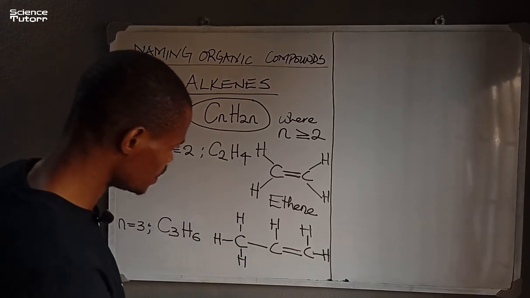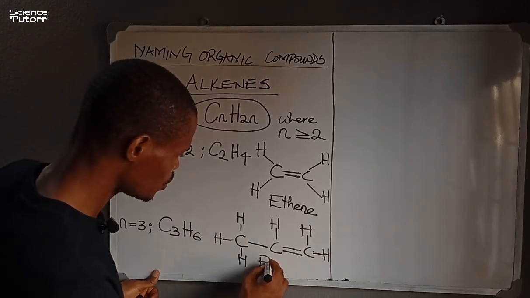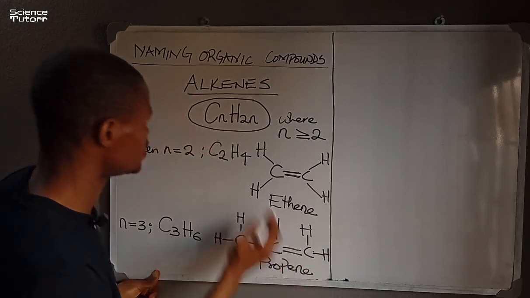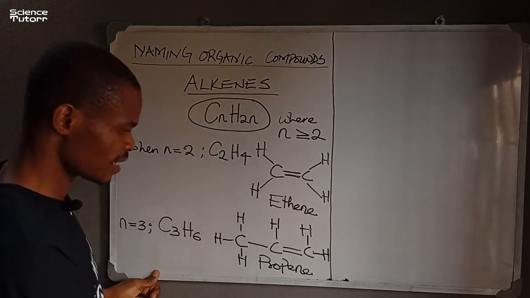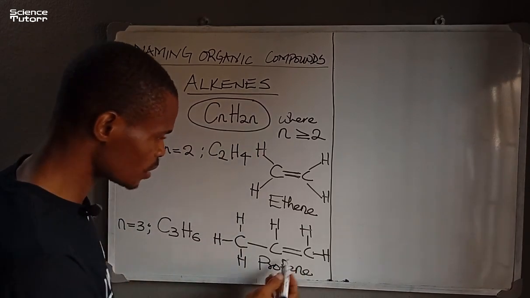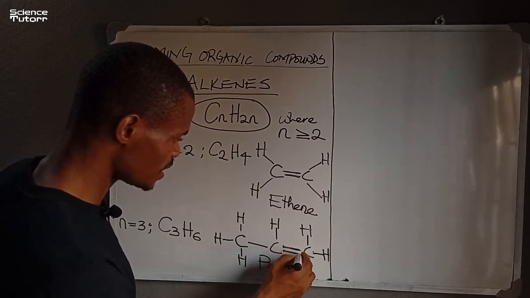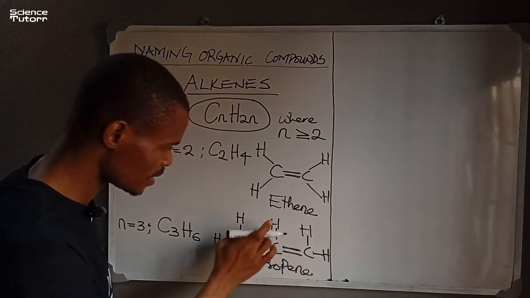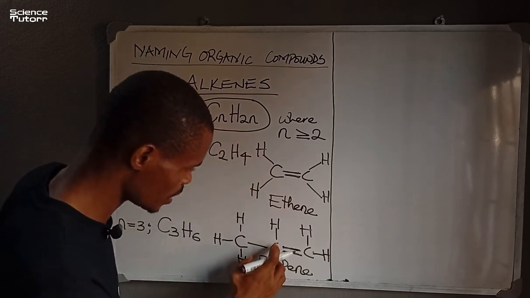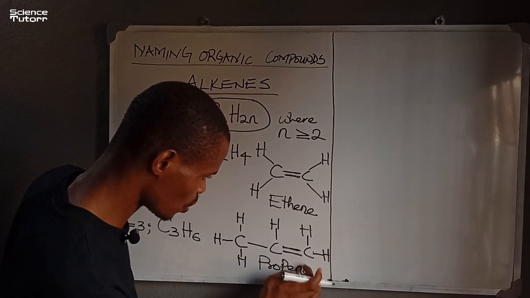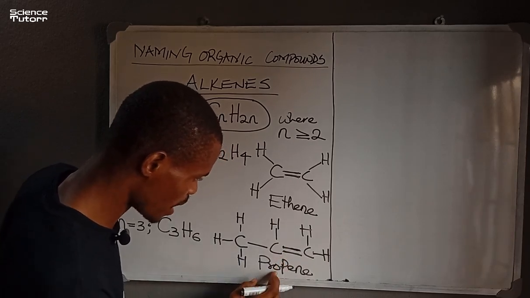This is how we draw C3H6, of which the name is called propene. Remember, they take after the ene family name. They are simply double bonds. Now, the double bond is simply attached here, meaning there is a decrease in the number of hydrogen compared to the alkanes, of which we have 1 and 1 here, making each of these carbons bonded by a hydrogen.